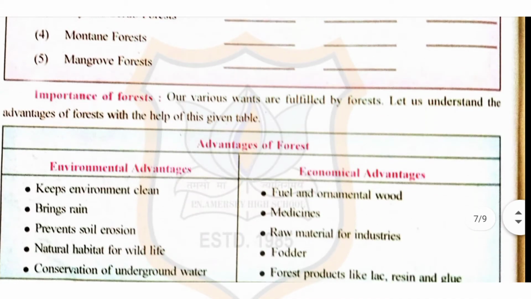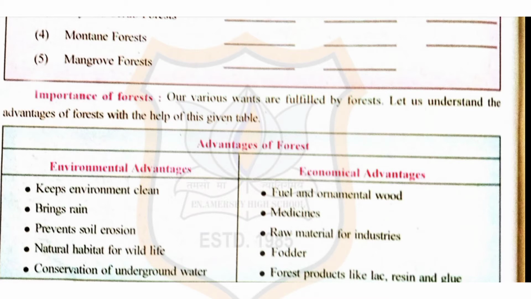Now next is importance of forest. Our various wants are fulfilled by forest. Let us understand the advantages of forest with the help of this table. So, advantages of forest.